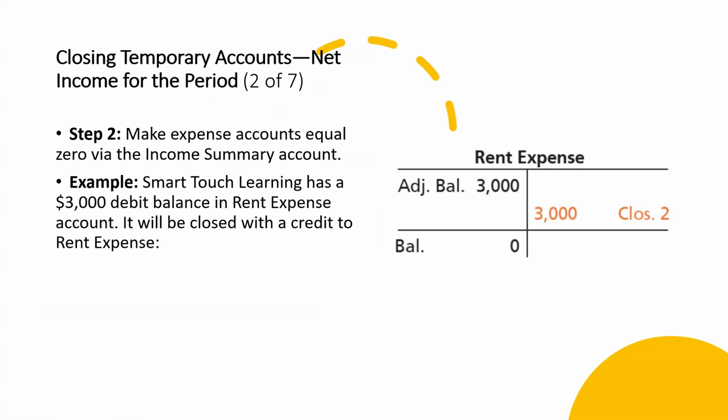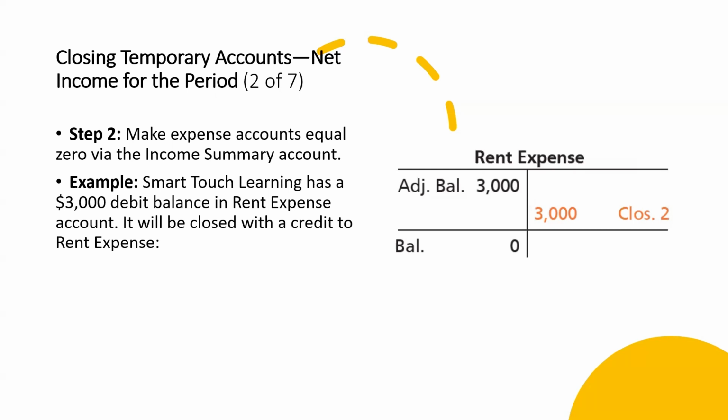Step 2, make expense accounts equal 0 via the income summary account. So in this example, Smart Touch Learning has a $3,000 debit balance in the rent expense account. It will be closed with a credit to rent expense.